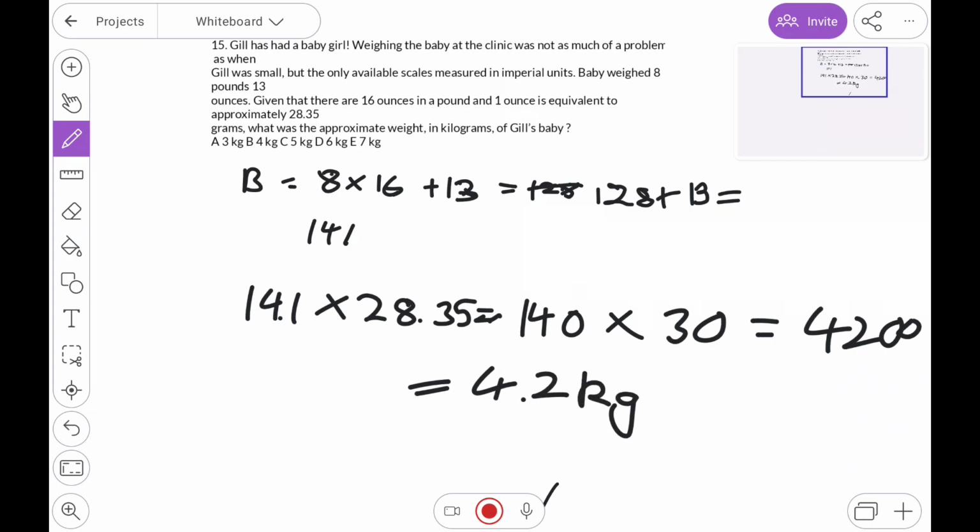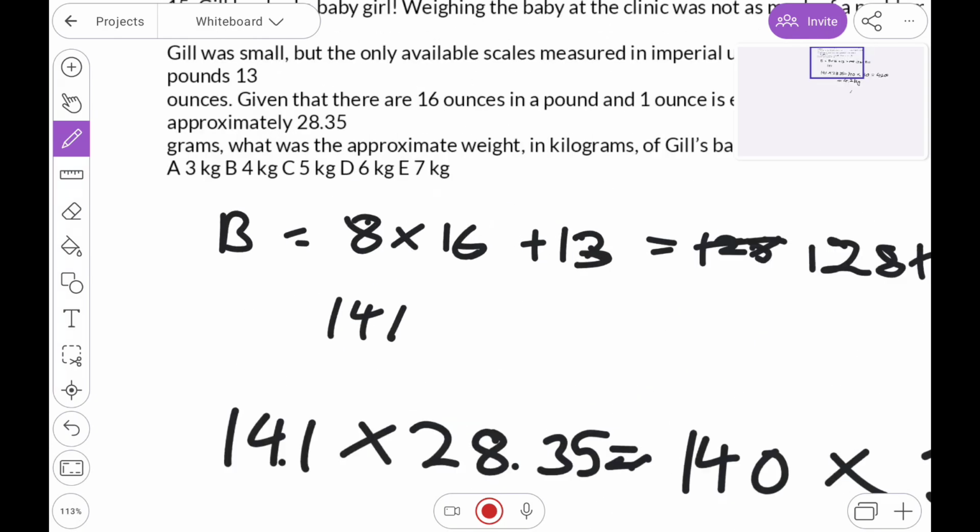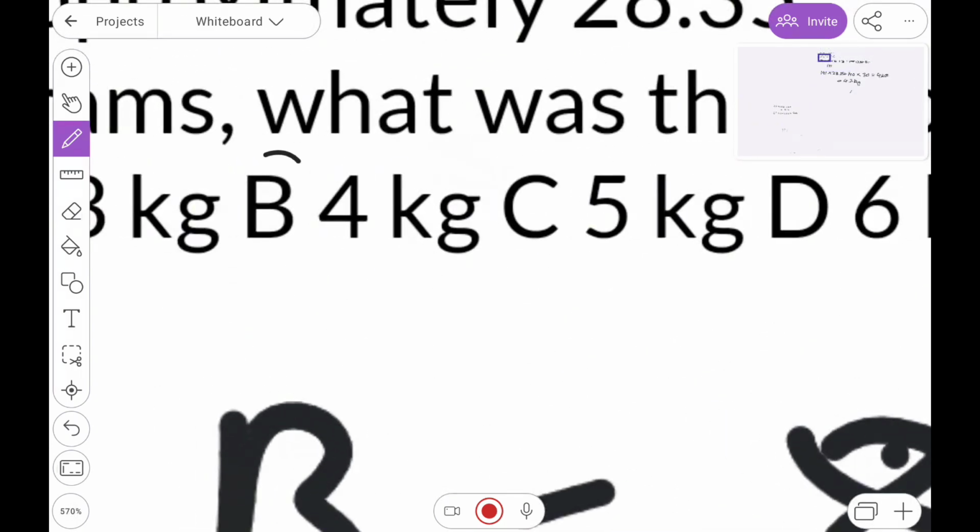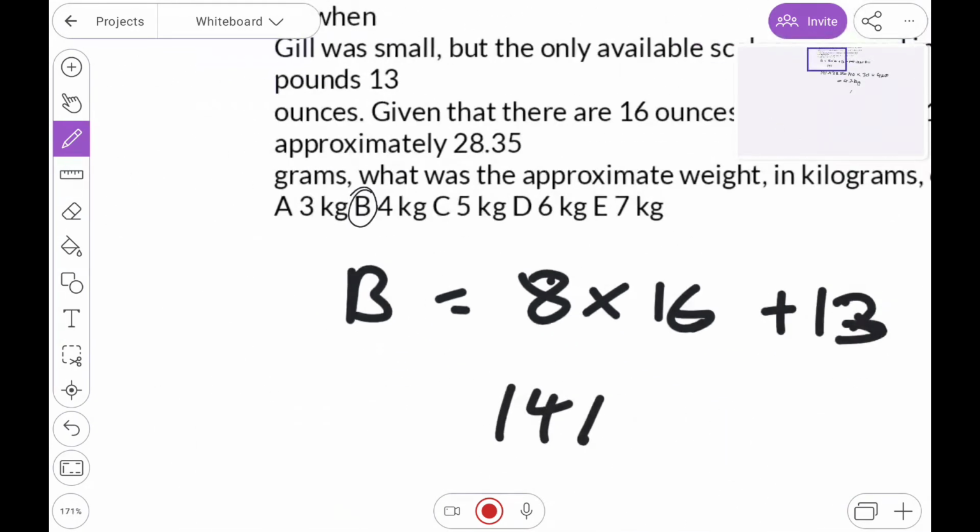Now we have to think, is it B, 4 kgs or C, 5 kgs? Well, since we rounded 141 down but 28.35 up, we can assume that 4.2 kg is more than her actual weight. So the baby would weigh B, 4 kilograms.